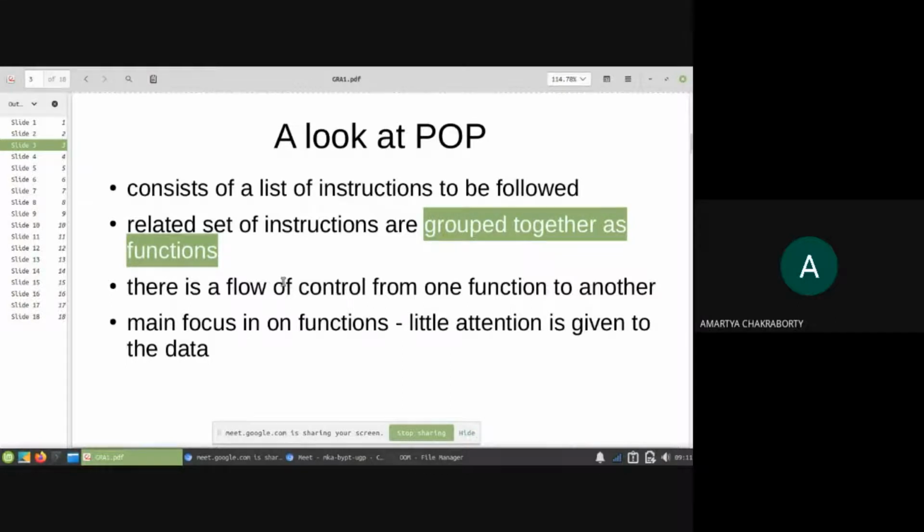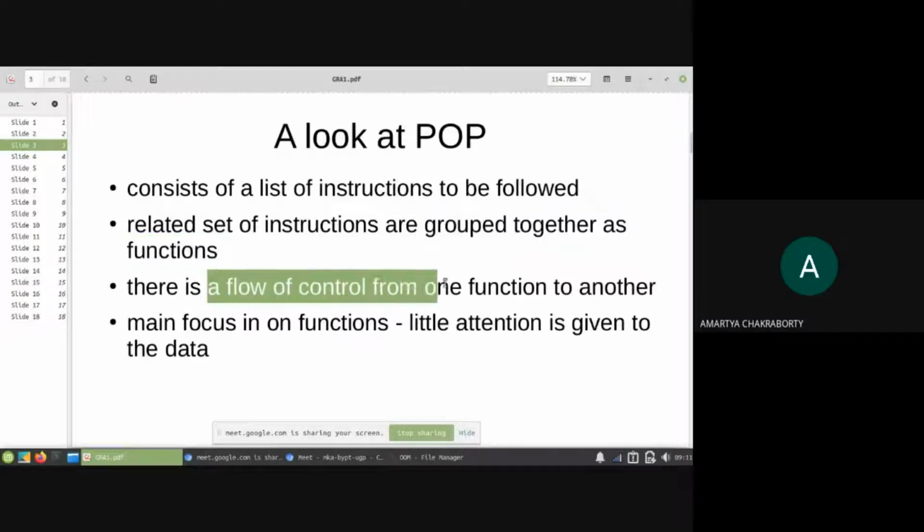The most important thing to note here is that there is a flow of control from one function to another. There is an initial function which calls another function, which in turn may call another function, and this can go on. The main focus in procedure oriented programming is on functions. There is little attention given to the data.